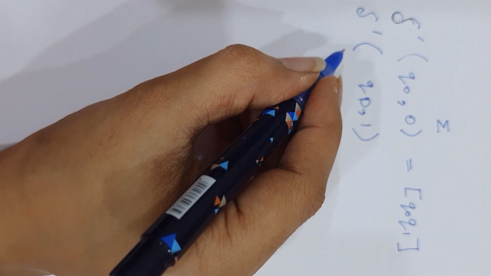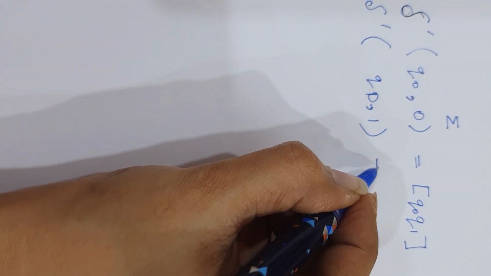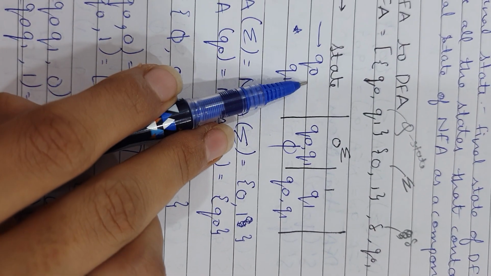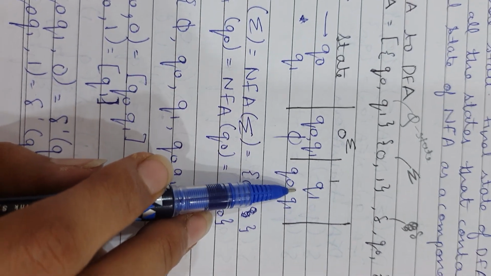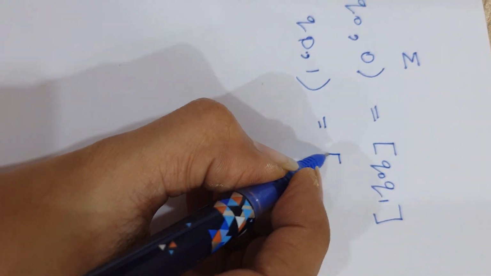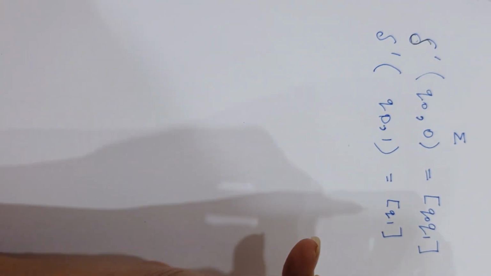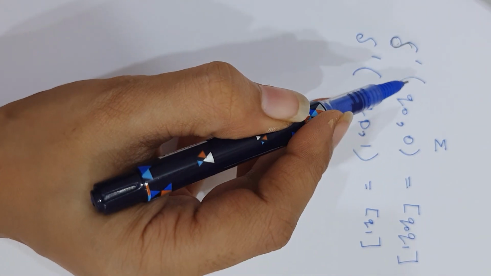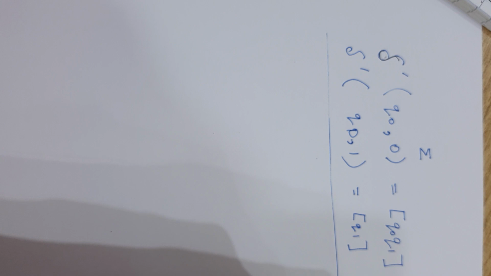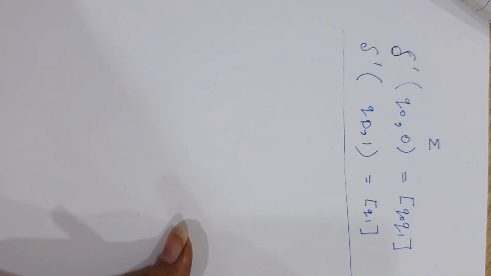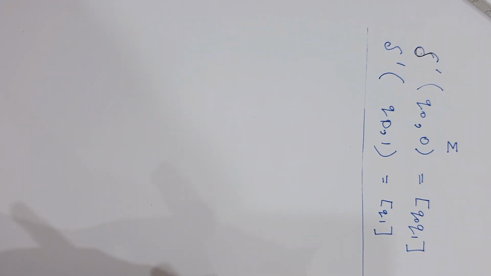Next, finding the transition of Q0 on 1. Again have a look at the table. Q0 on 1 gives me Q1. So here I will write Q1 as the answer. So I have found the transitions for the initial state.